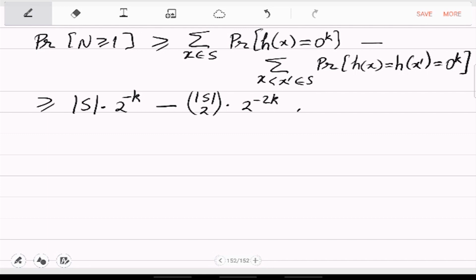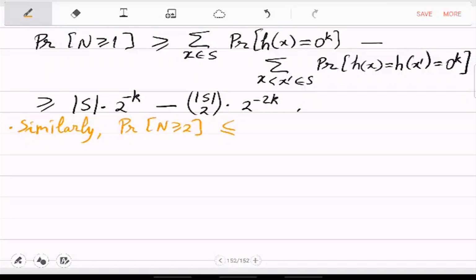Okay, so we have done half the part. For the probability of n greater than or equal to 1, we have a lower bound. Next is to estimate n greater than or equal to 2. Similarly, for the probability of n greater than or equal to 2, here we will need an upper bound, because remember we will subtract these two. We need a lower bound on n equal to 1, so it suffices to have an upper bound on n greater than or equal to 2.